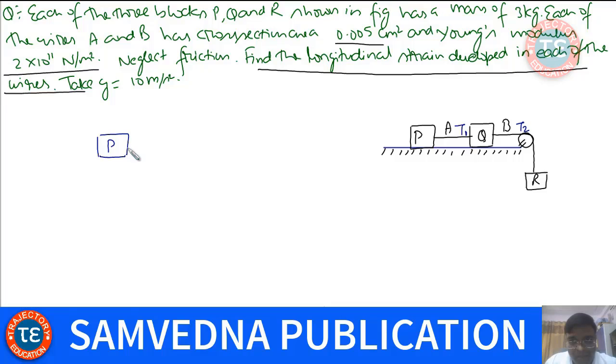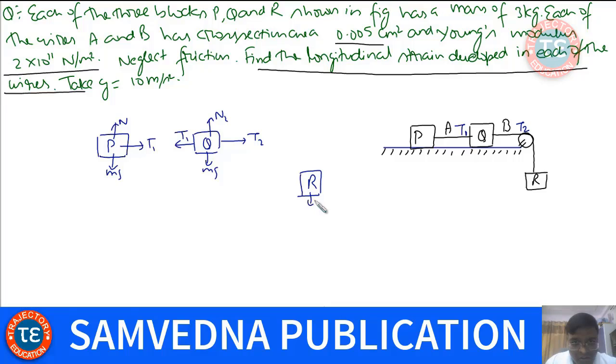Then let's draw the free body diagram. On P, you have T1 on this side, and of course you have Mg and normal reactions, they will all balance out. On Q, we have T1 on this side, T2 on this side, and of course Mg and normal reaction is always there, right?